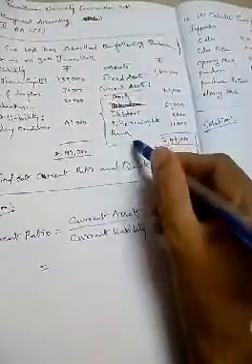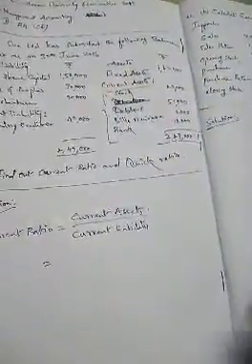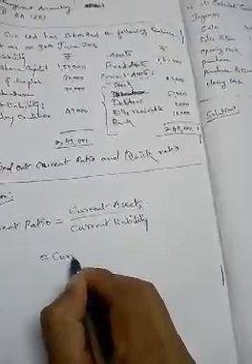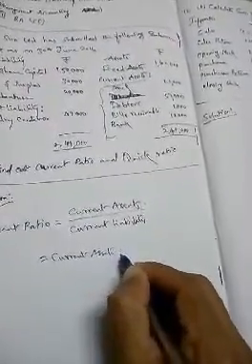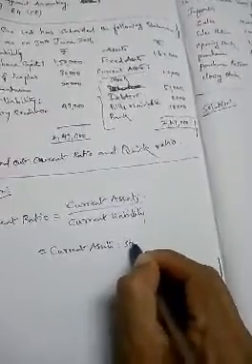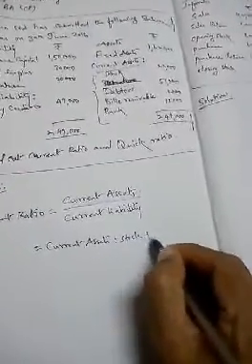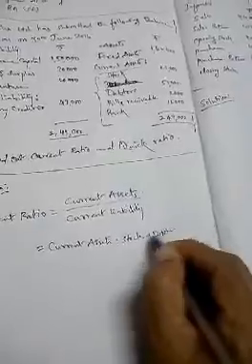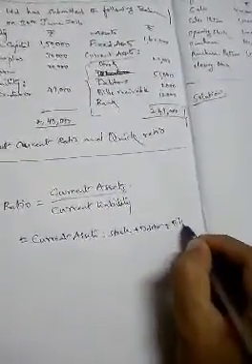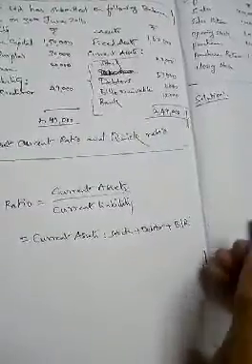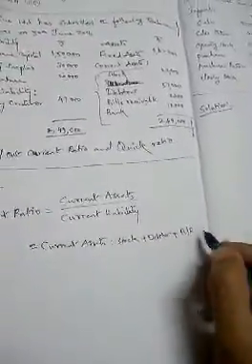These 4 items are the current assets, and we have to add them. So current assets equal stock plus debtor plus bills receivable, I am writing short BR, plus bank.